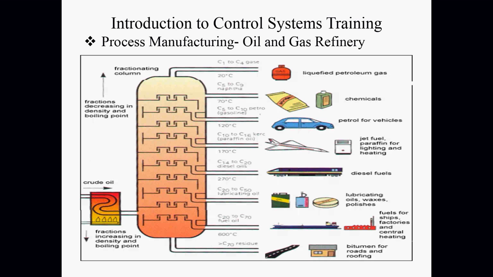Then C20 to C70 is your fuel oil, for very big diesel engines like those in your factories or your steamliners, your big ships, at 600 degrees centigrade. And C70 is your residue. You get bitumen for roads, and you get coke. If you have a delayed coker unit, you can refine it more and obtain the coke directly, which is used for many more purposes.